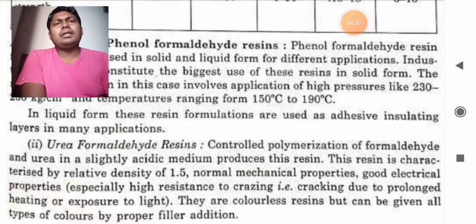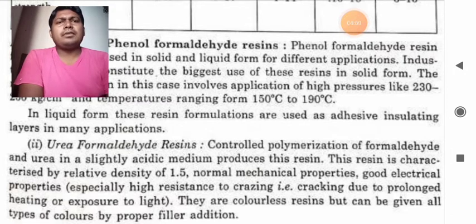What is this crackling effect? It is cracking: the substance will undergo cracks. It is due to temperature only.